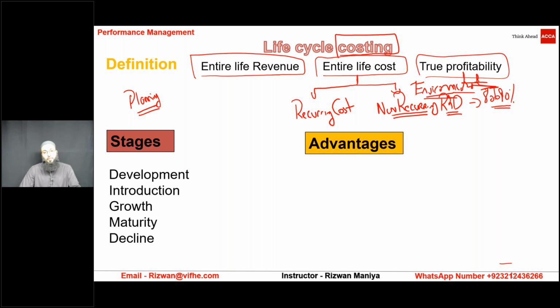Decommissioning cost is what you incur once you leave that place after 3 years: you have to make sure that the place is in the same position as it was when you took it. So whatever cost you incur for that should also be considered. That is environmental cost. Maybe some kind of waste disposal you need to incur at the end of the product life cycle. That should also be considered.